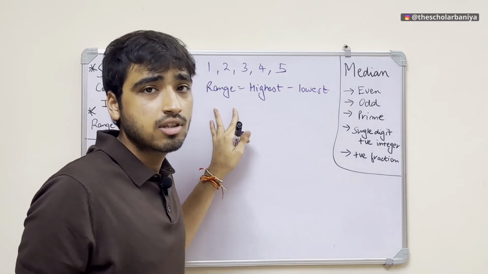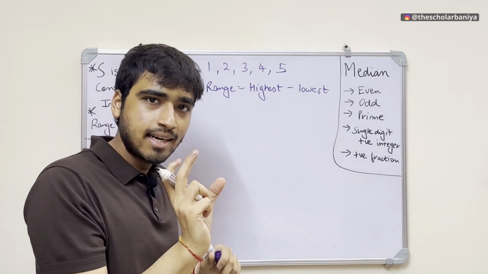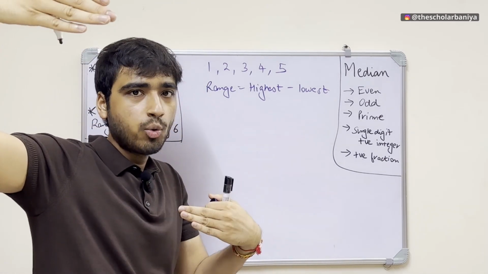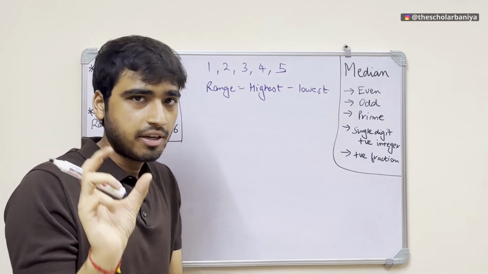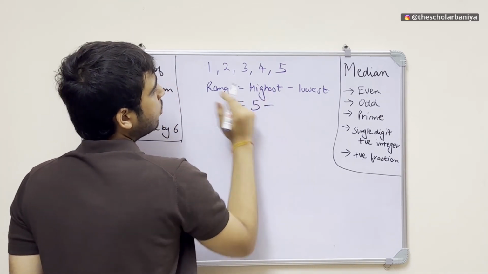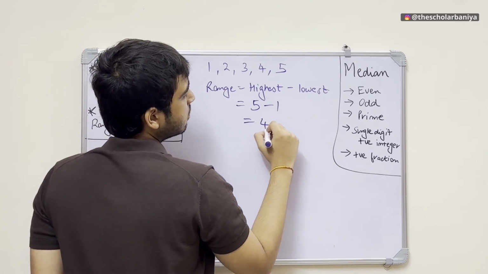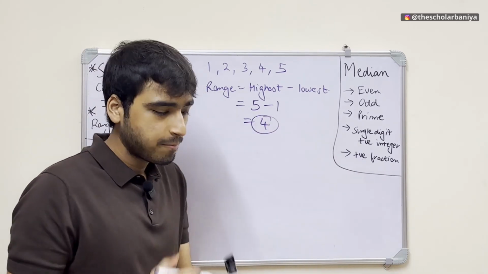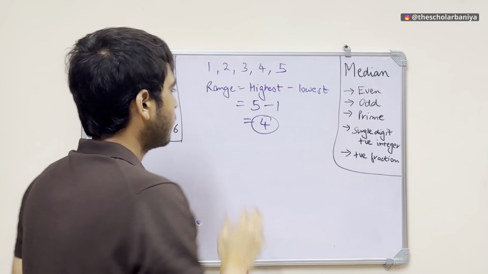So range is, in a given set, the highest number minus the lowest number. The difference is the range. In this case, highest is 5 and lowest is 1, so the range is 4.